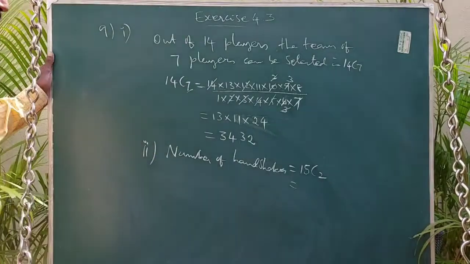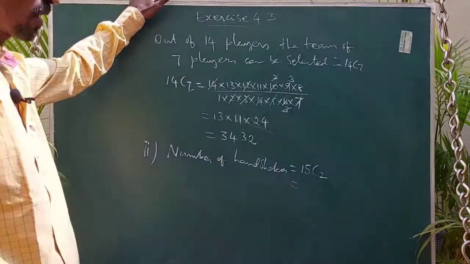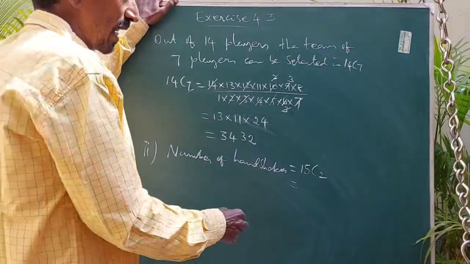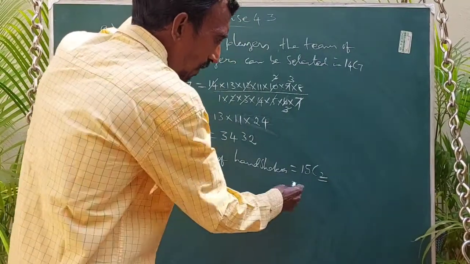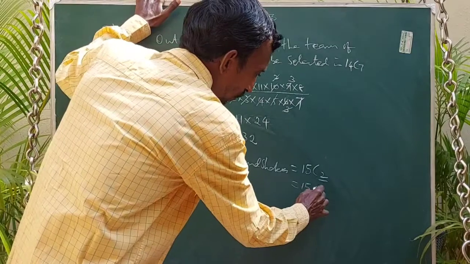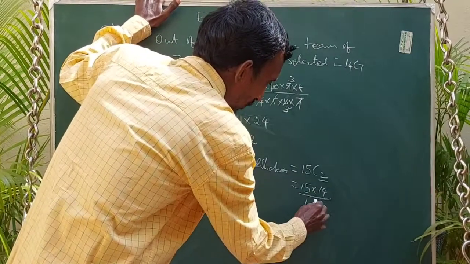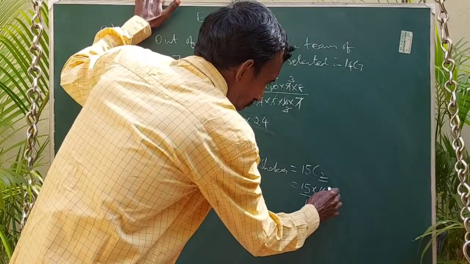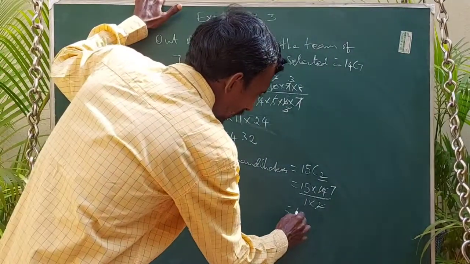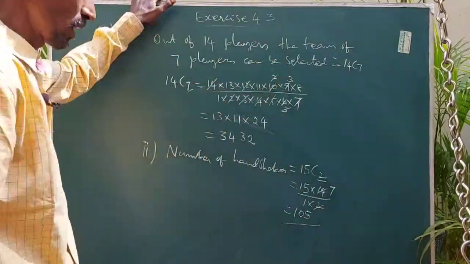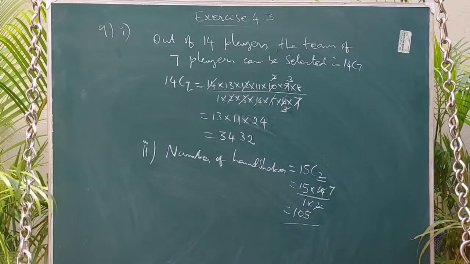Already told you, no need to use the formula n factorial by, you can use the shortcut. Numerator 2 numbers, denominator 2 numbers. Here decreasing from 15, here increasing from 1. So 7 times, so what is 15 into 7? I think it is 105. The number of handshakes is 105.